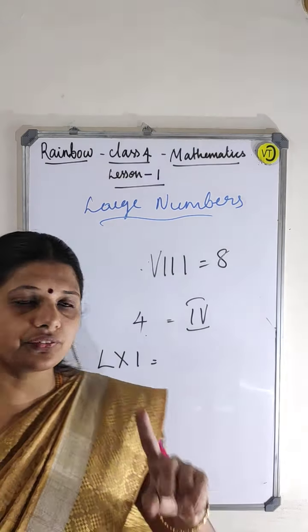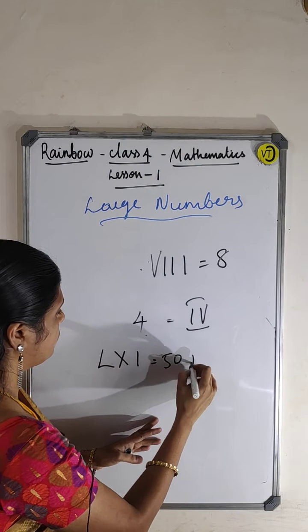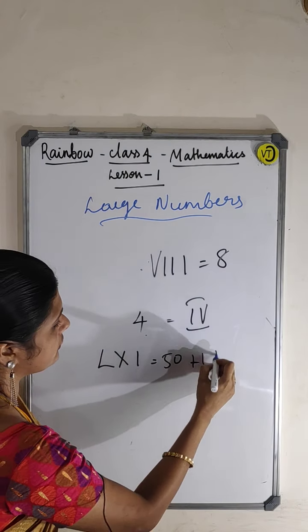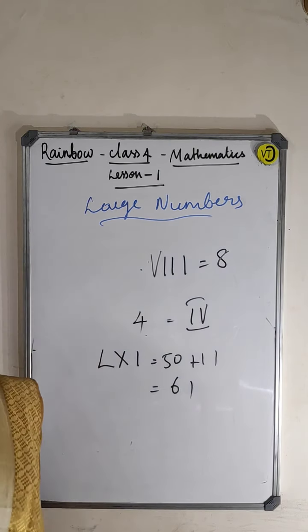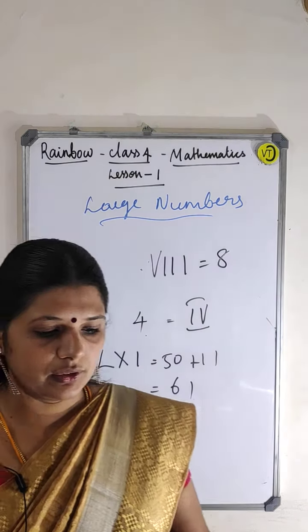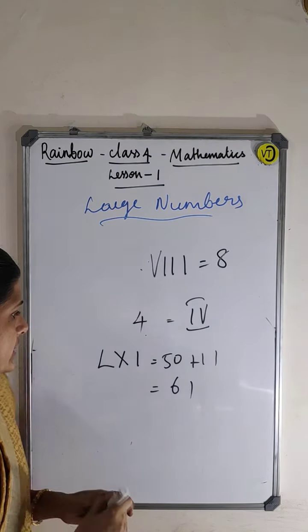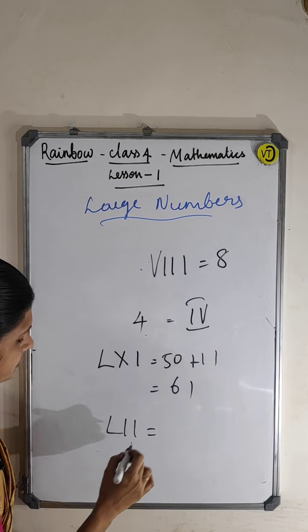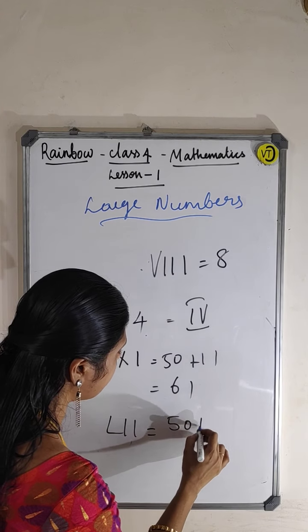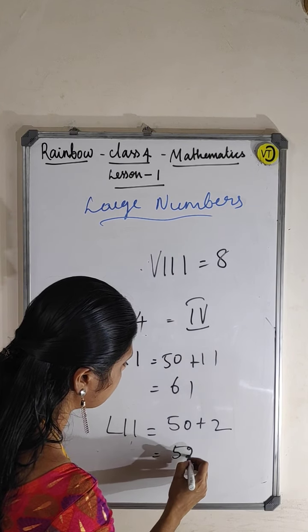What is L here? 50. What is XI? I told you what XI is, it is 11. So this is 61. Okay, so LXI, you have to separate and write it. Okay, what is LII? It is 50, 51, 52. So this is 50 plus 2, which is equal to 52.